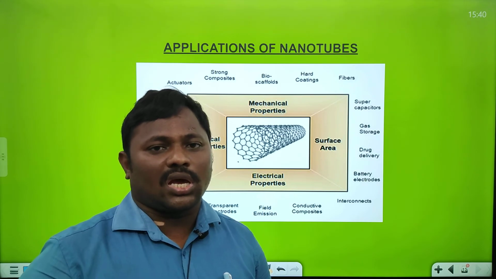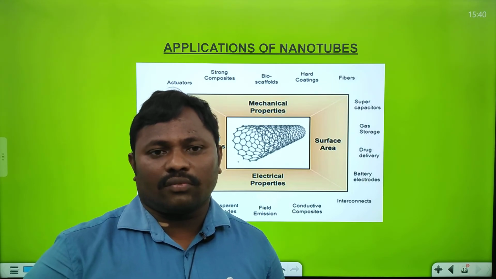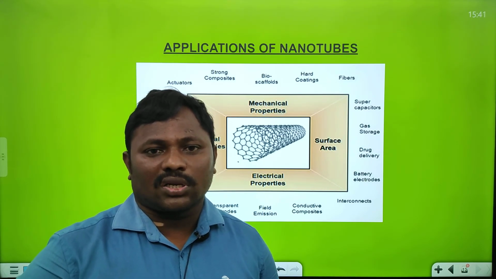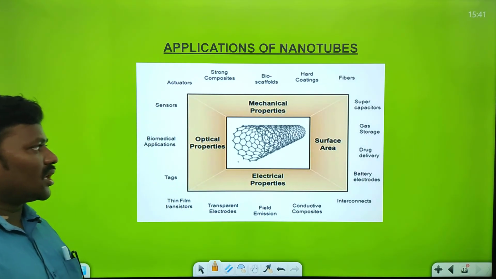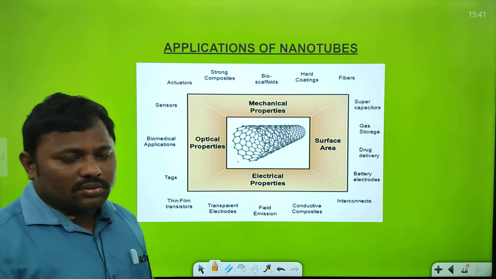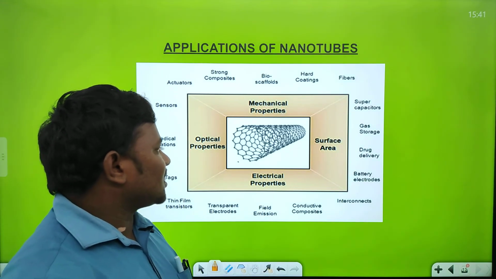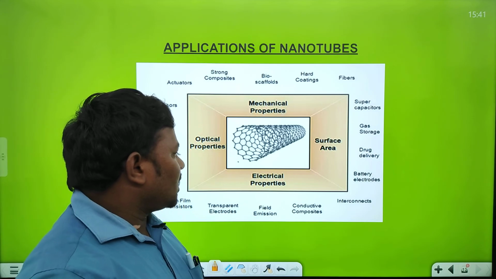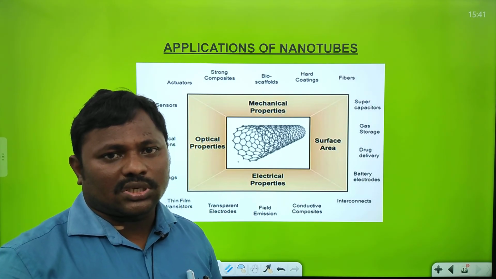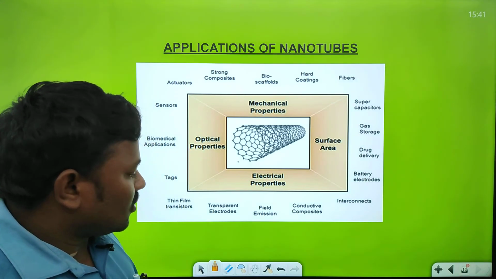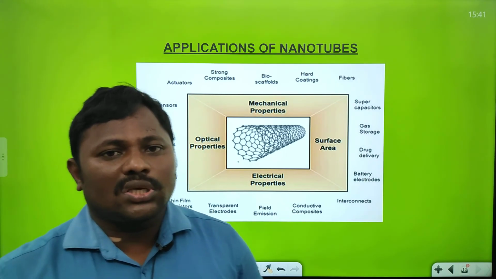How are nanotubes formed? By folding graphite layers. Applications of fullerenes and nanotubes are in medical properties, optical properties, surface area, and electrical properties. Is it right? So that is the formation, totally.